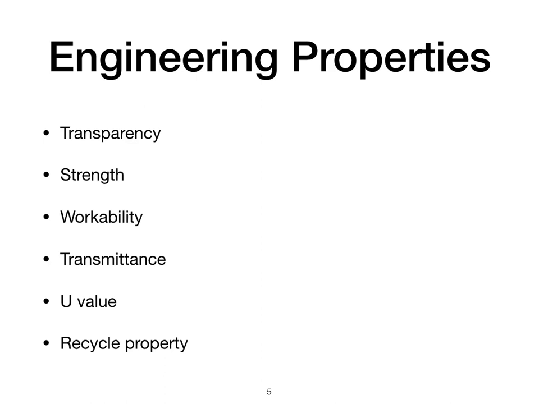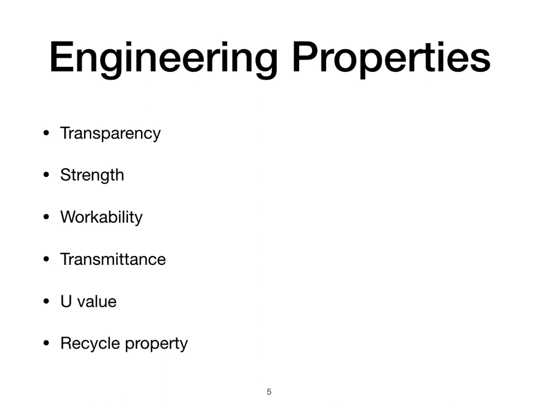Workability of glass means a glass can be molded into any shape or it can be blown during melting. So it is a superior property of glass. Transmittance, the visible fraction of light passing through glass, is the property of visible transmittance.